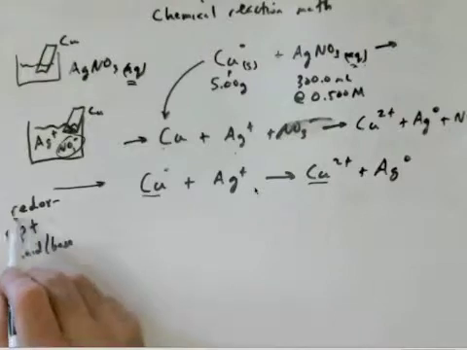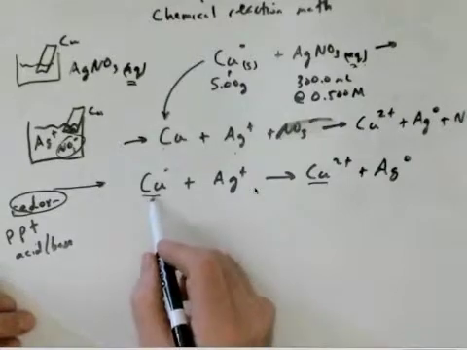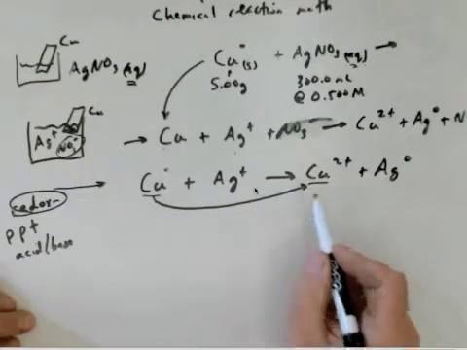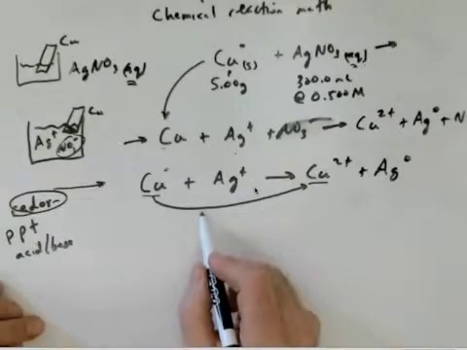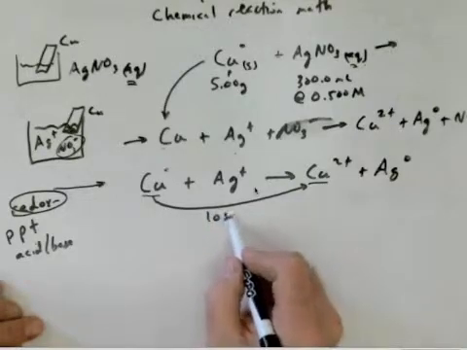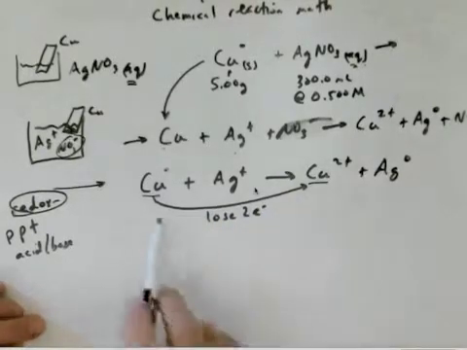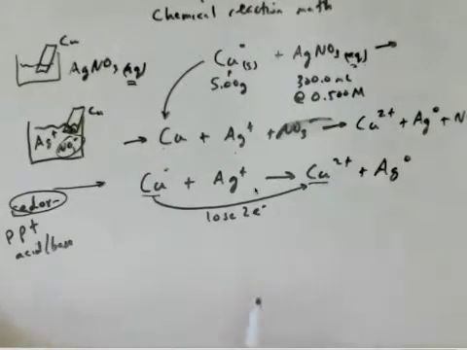Okay, so once we've identified it's a redox reaction, we have to make sure that the electrons gained equal the electrons lost. So from copper's point of view, we kind of drew an arrow like that when we first learned it and said, well, that process would be losing 2 electrons because you went from a 0 charge to an excess positive charge, which means you lost negatives.